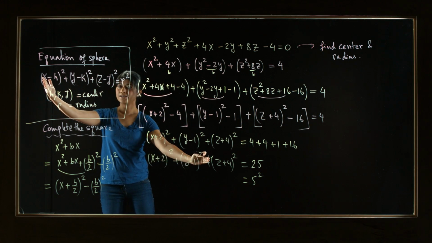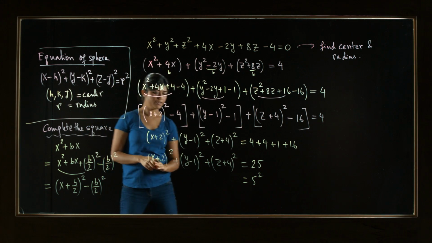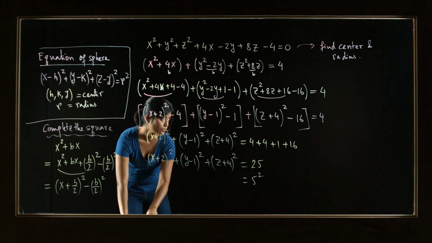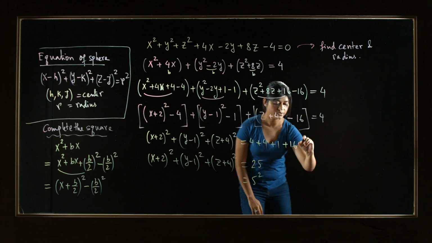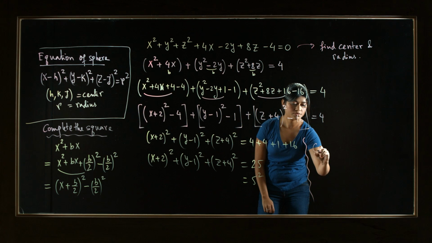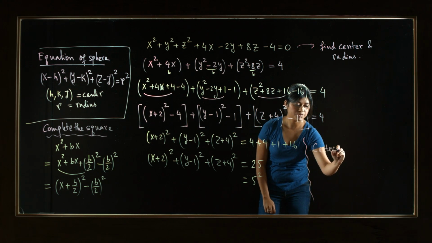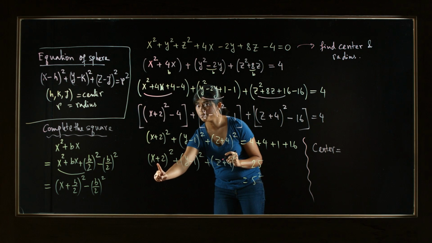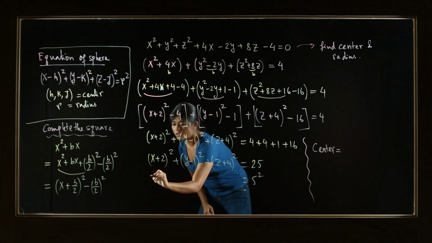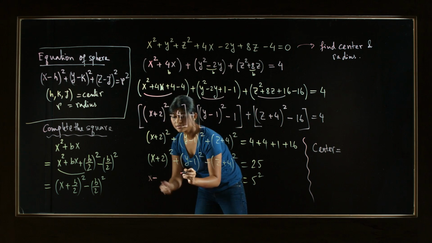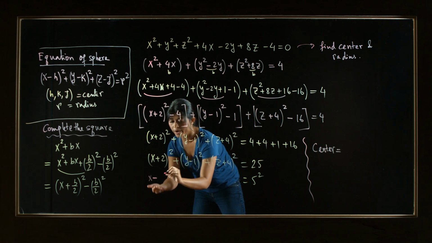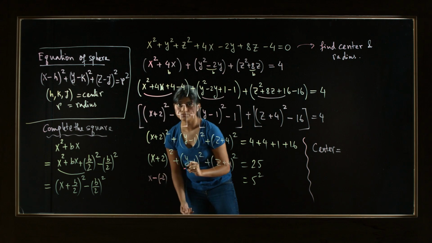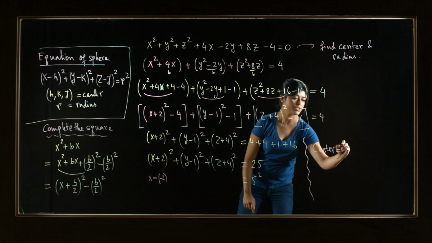So see, now our equation looks like the standard form. And we can say exactly what h, k, j will be and r. So let's write it down here. So center of the sphere is, so it has to be x minus h, right? So x minus, how do we write x plus 2? x minus of negative 2. That's how. So h is negative 2.